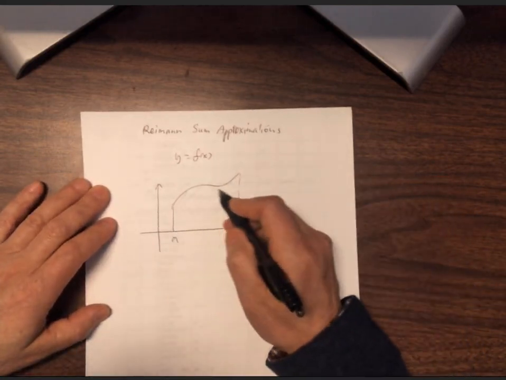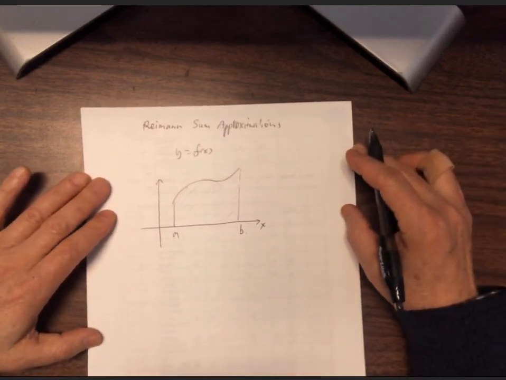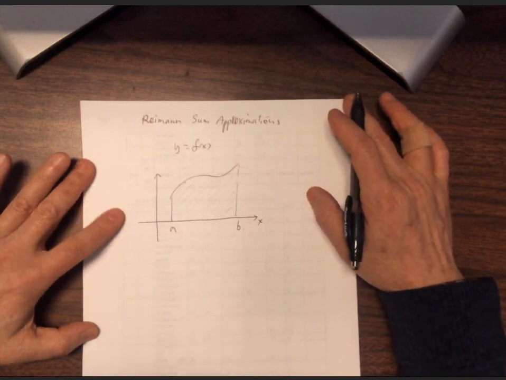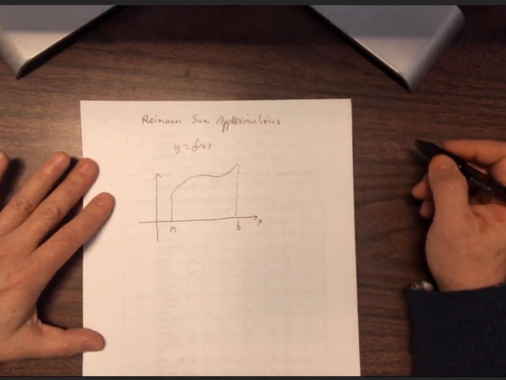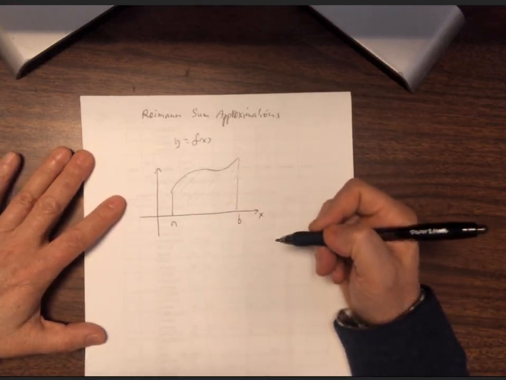Well, because the top is not straight, there's no existing area formula that we can use to evaluate area of this region.